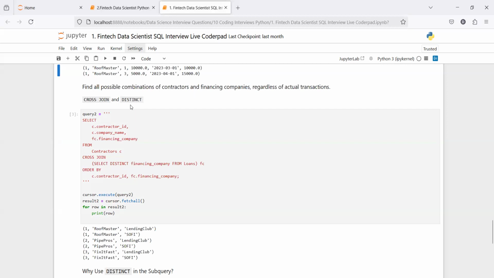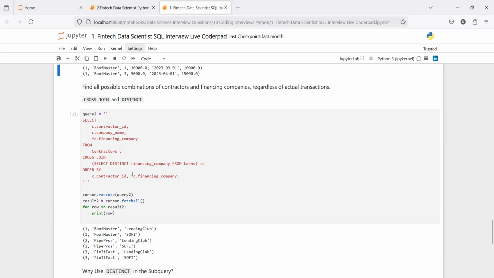But basically, these are the two functions that you would use. Okay, and then they're asking for contractors and financing companies. So obviously, you would take the contractor ID, the company name, and then the financing company, and then you would join it from contractors, right? And then you would join it using a subquery from all the financing companies, the distinct unique values from loans.